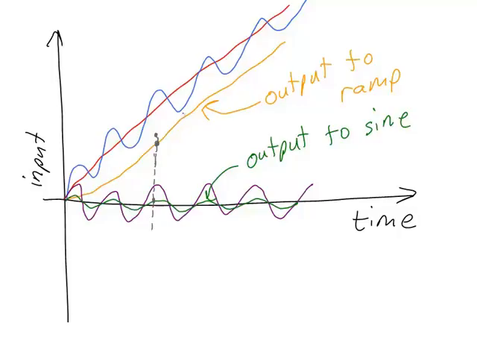We would do this at every point in time. I'm just picking some random times here to show you what the sum would be. After we've finished doing this summation, the response might look something like this. A sinusoid going up the ramp response.